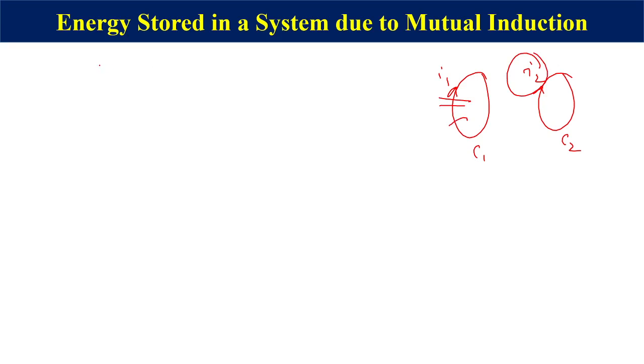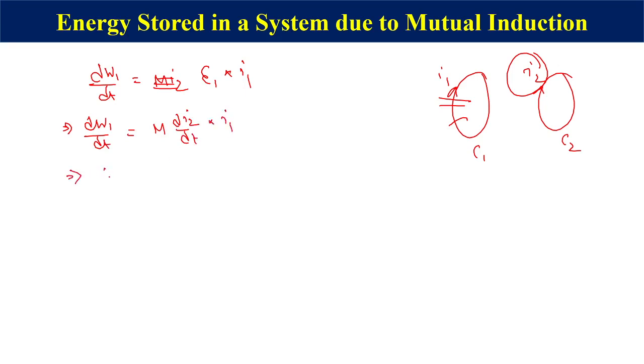The rate of work done will be given by dW1 upon dt, which is epsilon 1 multiplied by I1. So dW1 upon dt is M dI2, because this time you are changing the current in the second circuit, multiplied by the current I1. So you remain with dW1 equal to M I1 dI2.